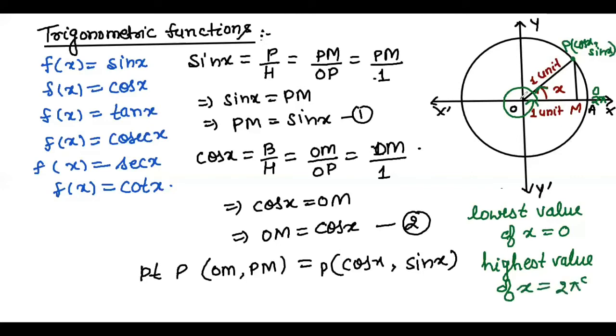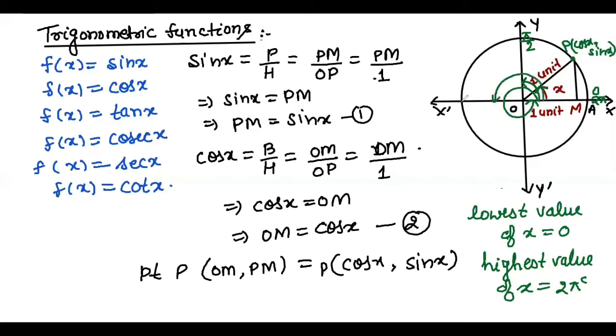Now when we are taking OY, if it is reaching here, angle AOY is 90 degree, and in radian it will be pi by 2 radian. Now the next angle, that is AOX dash.